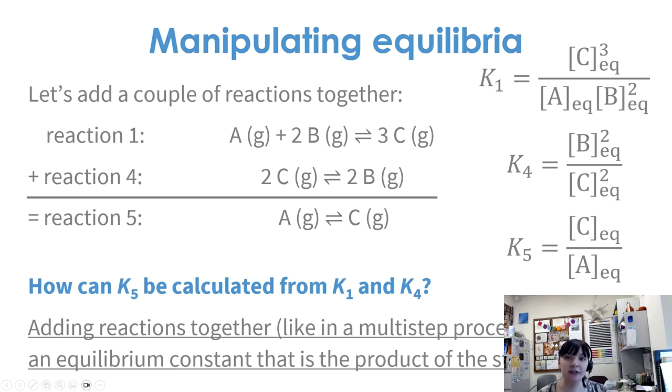This is helpful if we have, say, a multi-step process that involves multiple reactions going in sequence with one another. We proposed similar ideas when talking about Hess's law. So if you have a series of reactions that you're doing in sequence, then the K constant for that overall process is going to be the product of all of those K constants for the reactions that were being done in sequence.